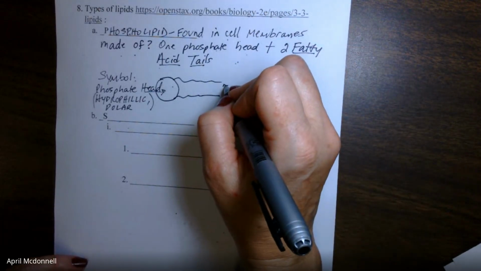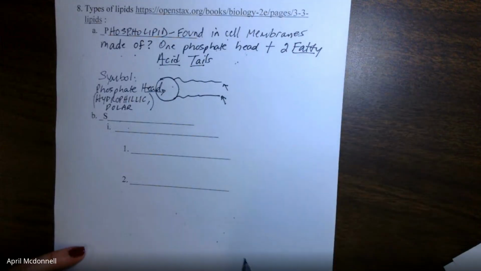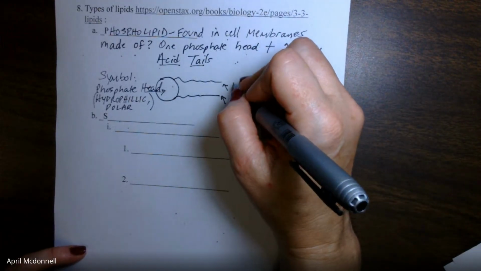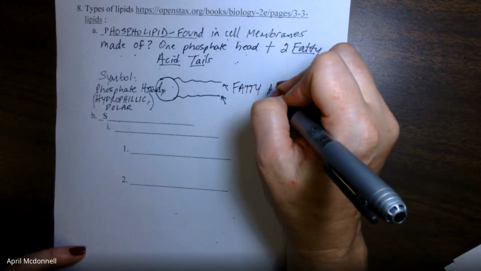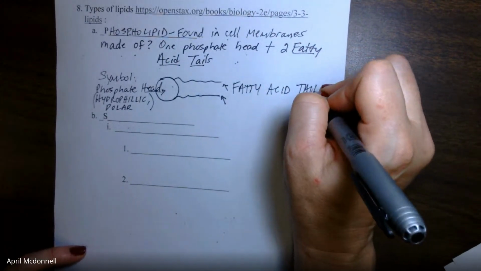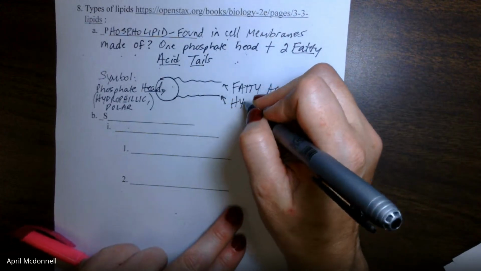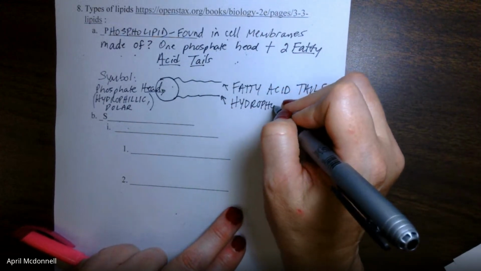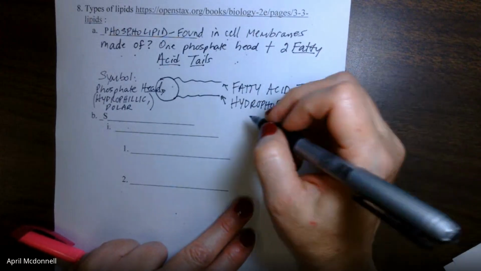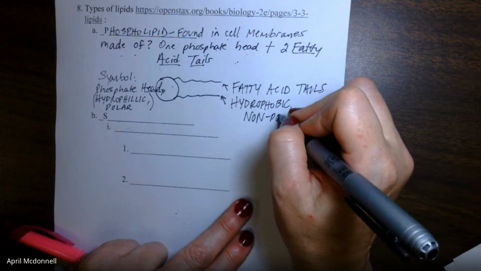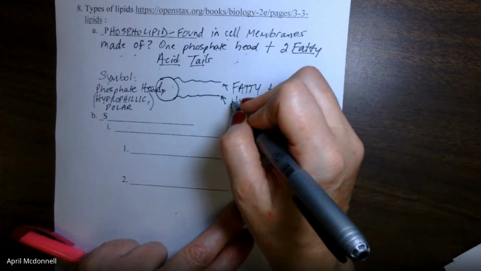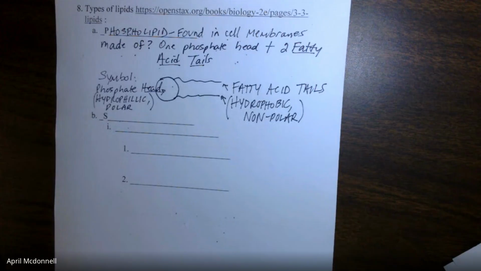The two squiggly lines that are connected to the phosphate head are called the fatty acid tails. And like I said, we will go over the structure of them in a little bit more detail on the next page. Fatty acid tails are hydrophobic. They don't like water, and they are also non-polar. So please keep those terms in mind.